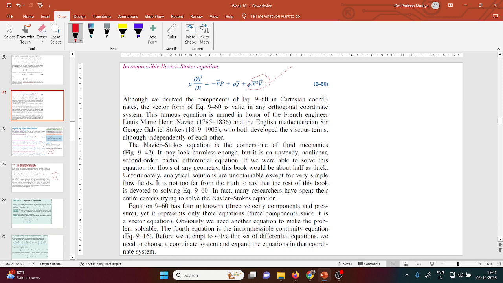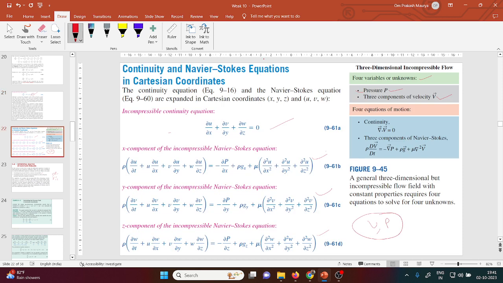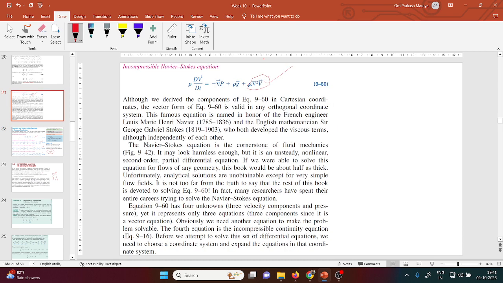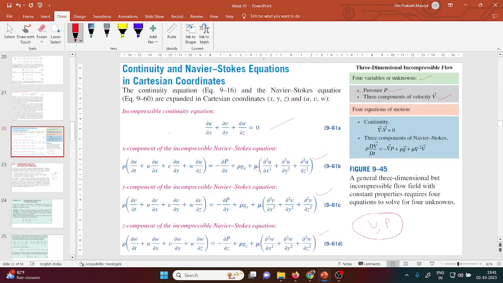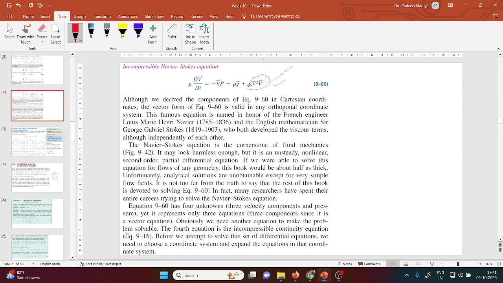We have viscosity. If you see, this is a viscosity term. The similar thing is written, but this is written in terms of the vector form. The divergence thing is there, but if you see, similar thing is written here at the place of the divergence.